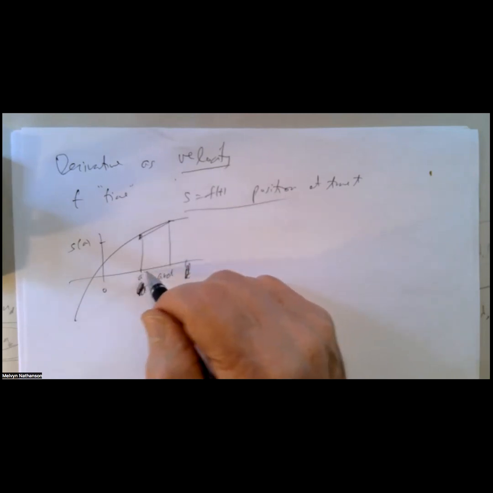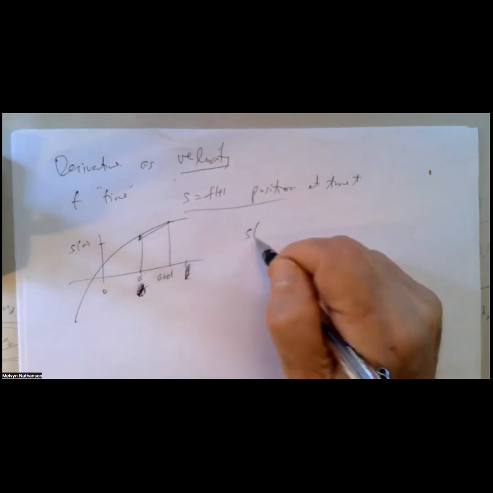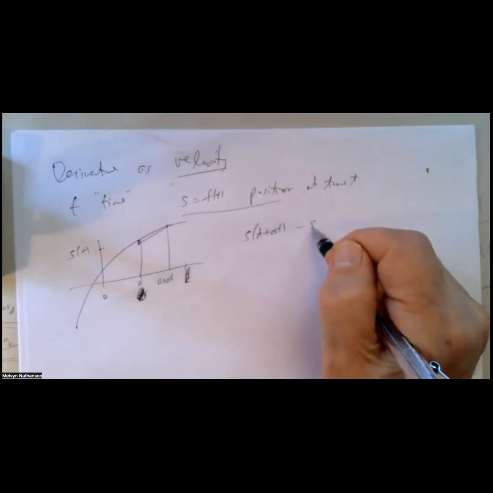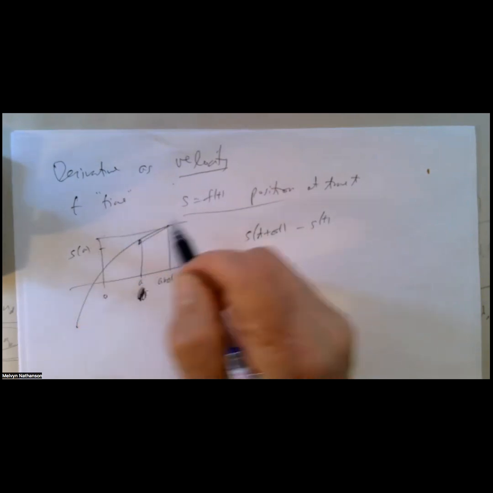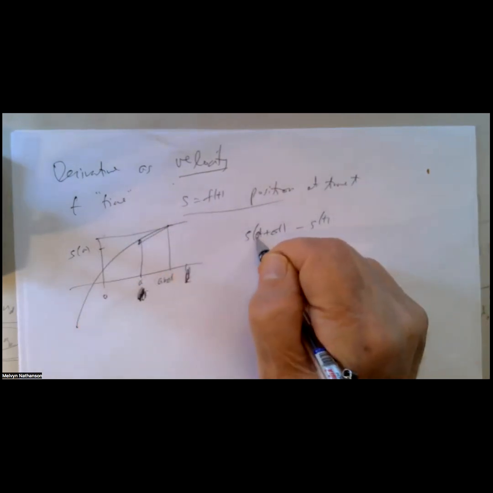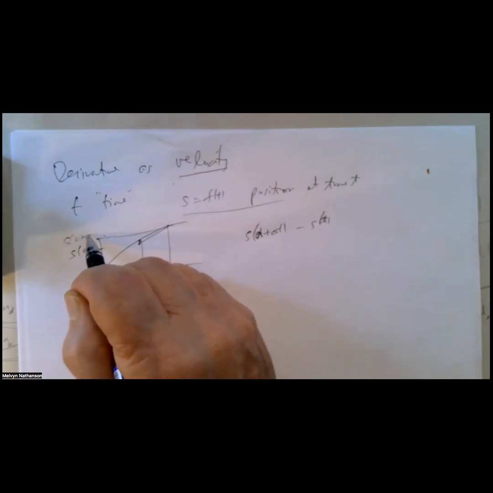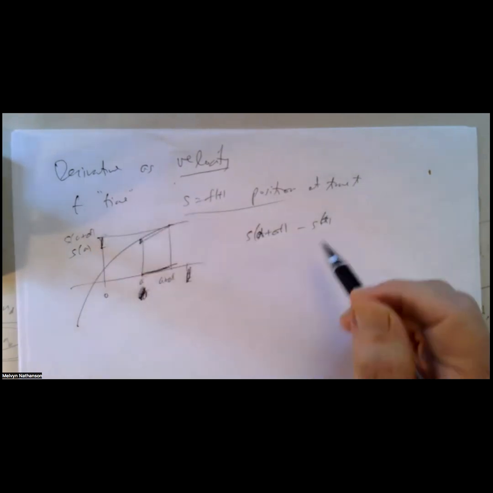So in this time interval from a to a plus delta t, the amount the particle has moved is s of a plus delta t minus s of a. So in this time interval, the position has moved this amount.